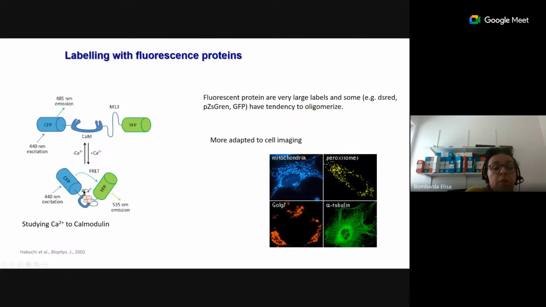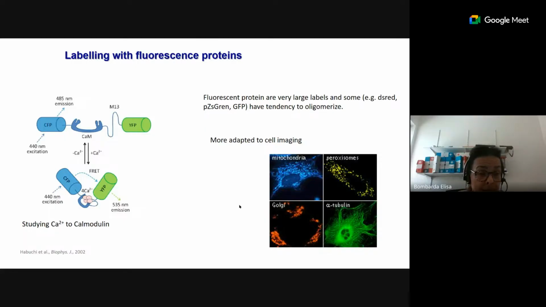With calcium, the calmodulin gets compact and brings the two fluorescent proteins close, so FRET is allowed. That was the way in which calcium binding could be detected. The system was calibrated in vitro, of course, and it can also be used to detect the calcium concentration inside the cell.